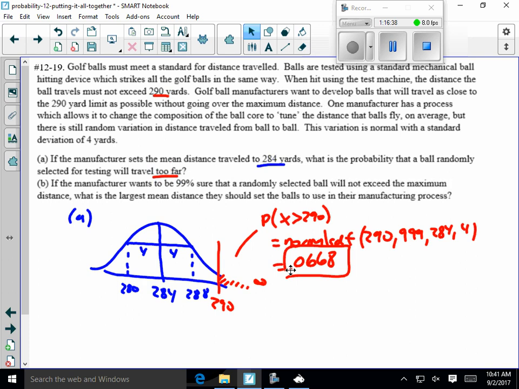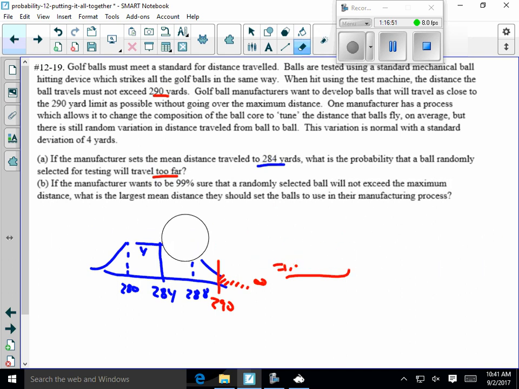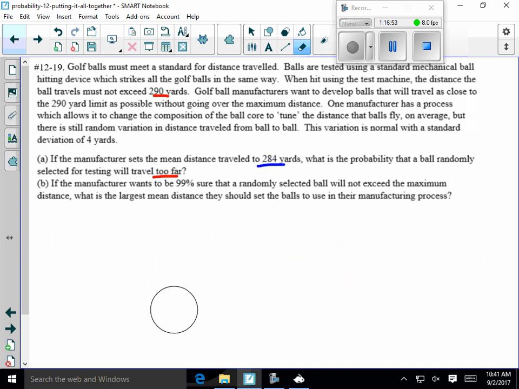Okay, in part B, we want to be 99% sure that the ball will not exceed the maximum distance. What's the largest mean and standard deviation, right? So for this problem, we're going to have to do something a little different for part B. I'm really trying to figure out what the new mean is going to be.